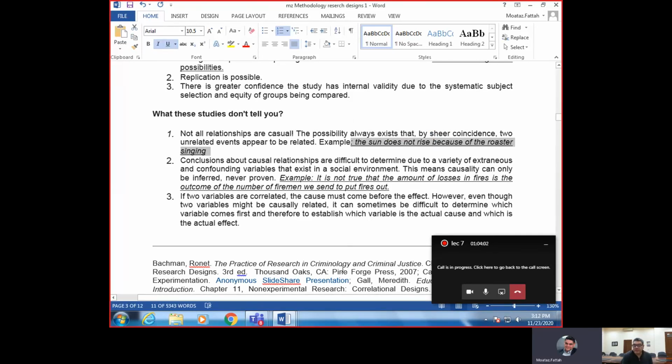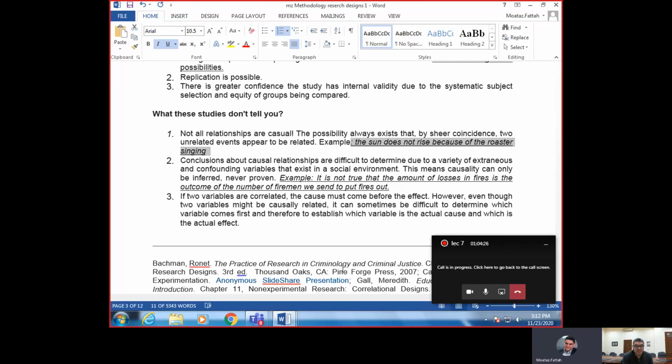Okay, for instance, when we send five firemen to put out a fire, we find that the losses are like 5,000 pounds. When we send 15 firemen, we find that the losses are like 2 million pounds.